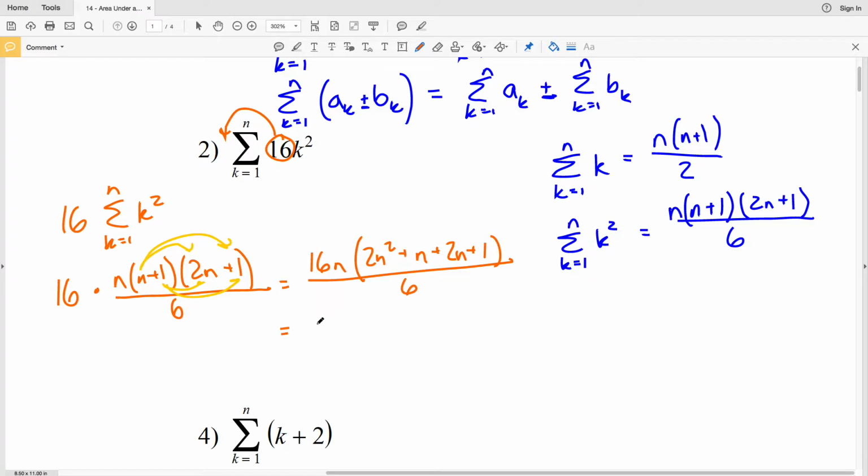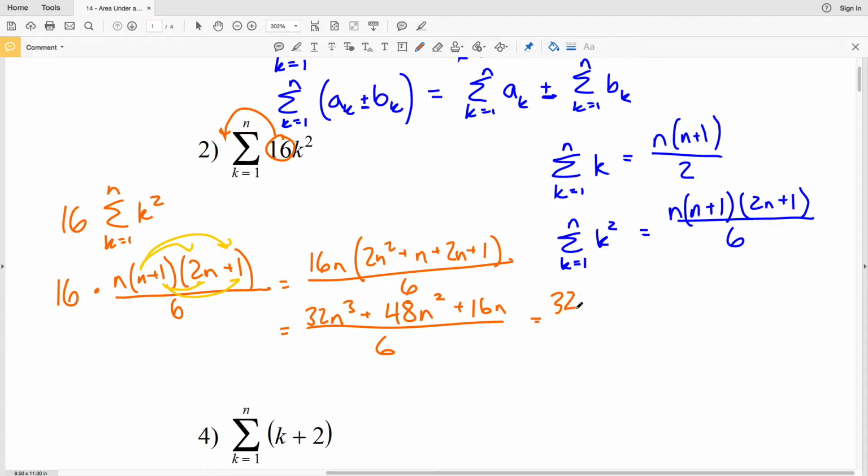So 16n times 2n squared is 32n cubed, and I'm adding that to 16n times n plus 2n, which gives me 3n. So 16n times 3n is 48n squared, and then I'm adding that to 16n times 1, which is 16n. And I was able to combine n and 2n because they're like terms. And that's all over 6. So my last step, I'm just going to split up this fraction and simplify.